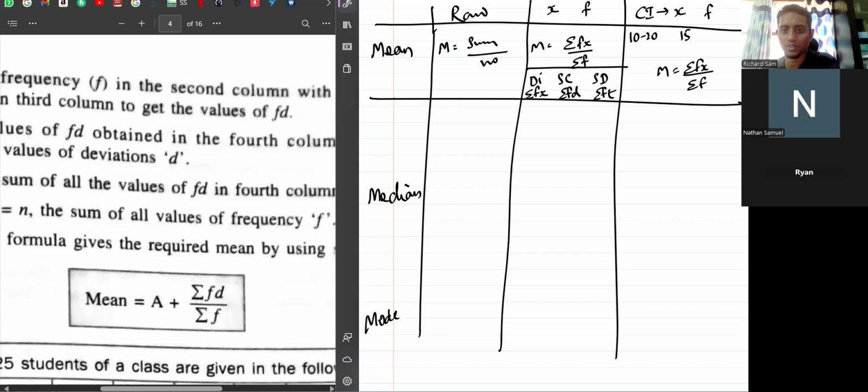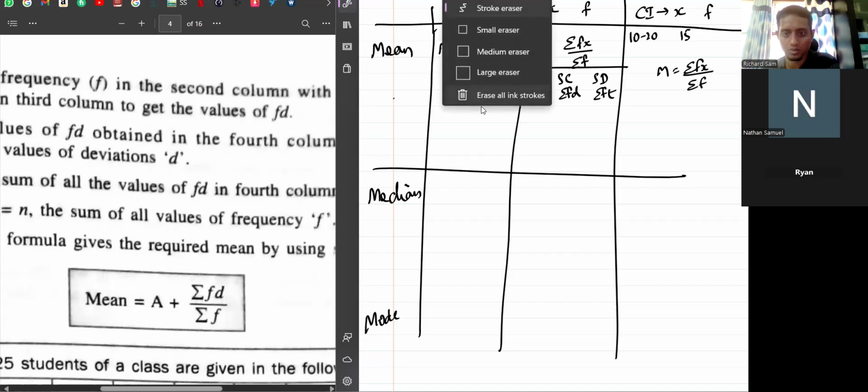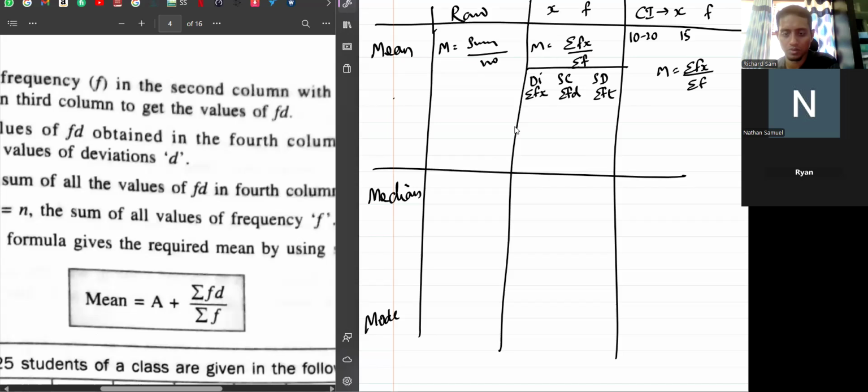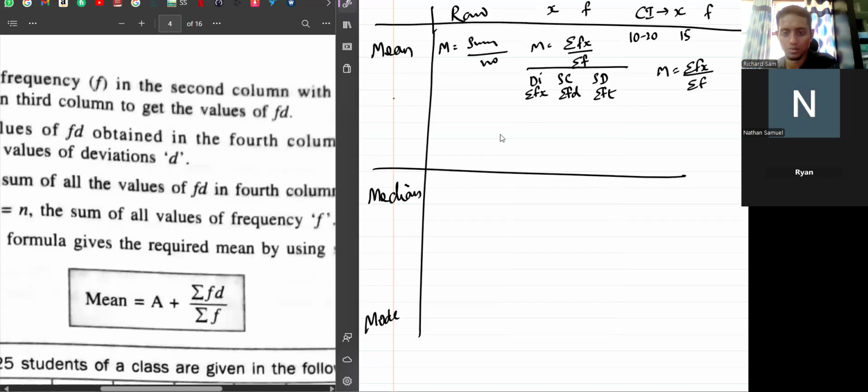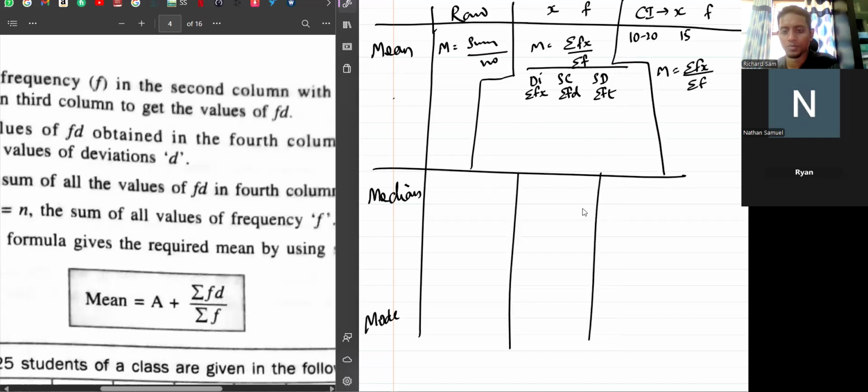Okay. Let me just write down the formulas here. For the first one, the mean formula is summation fx upon summation f.